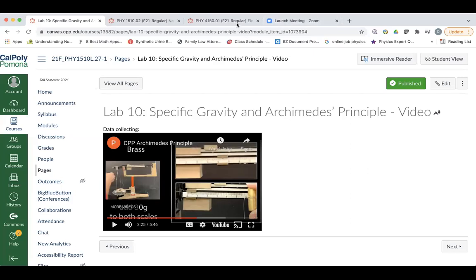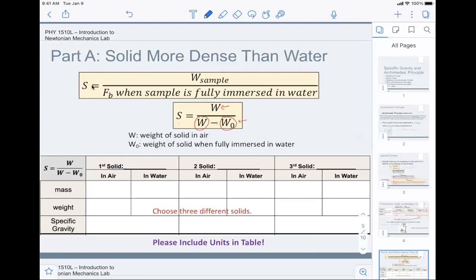Let's go back to our data sheet and take a look at where we are so far. With those data, you're able to fill in this table, right? Make sure one of them is the brass. In air, which is a little harder to read, is 34.4, and water is 30.4. You can calculate the weight again, and then use this equation to calculate specific gravity.